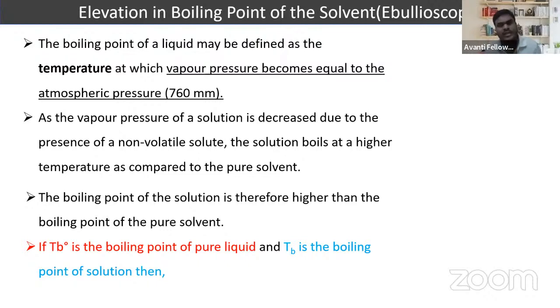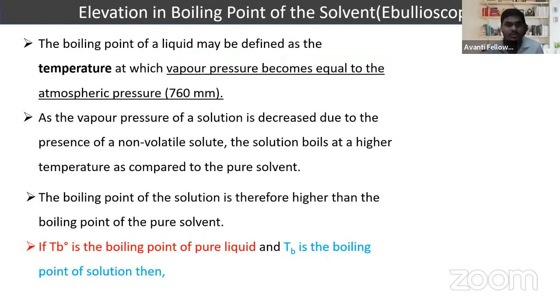The boiling point of a liquid may be defined as the temperature at which vapor pressure becomes equal to the atmospheric pressure. If you start heating the liquid, the temperature comes at which the vapor pressure of the liquid becomes exactly equal to the atmospheric pressure, and this point is known as the boiling temperature or boiling point.